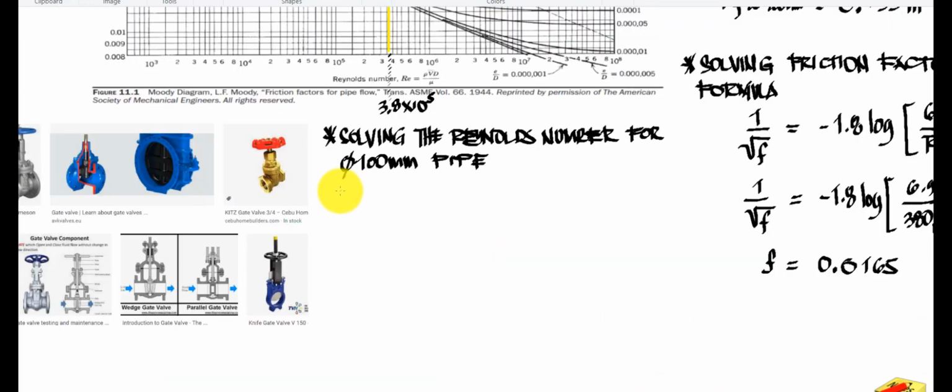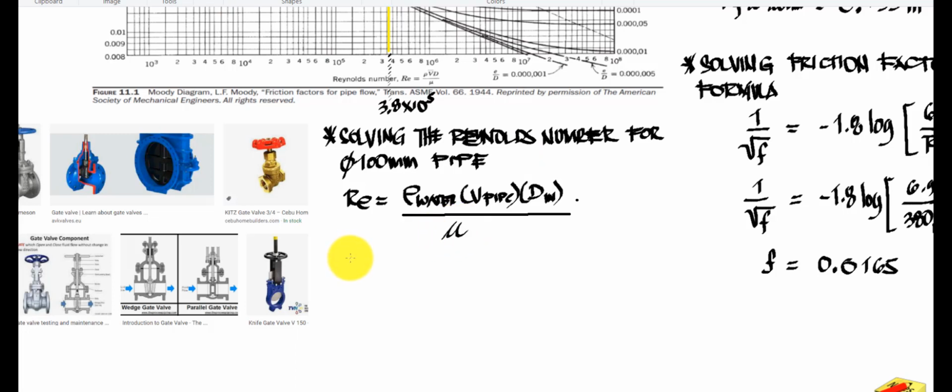For the Reynolds number, we have the density of water, then the velocity in the pipe, then the inside diameter of the pipe, divided by the absolute dynamic viscosity. We have the density of water and the diameter, but we don't have the velocity in the pipe.